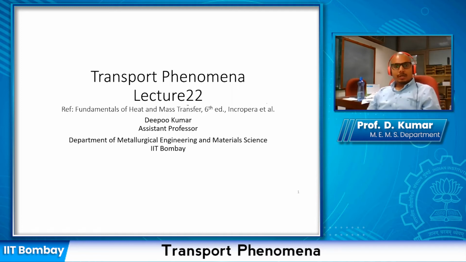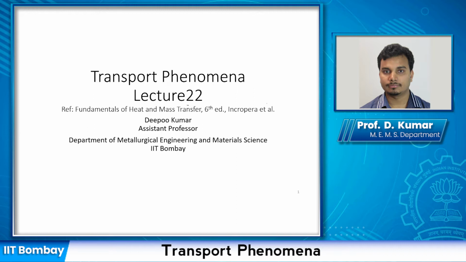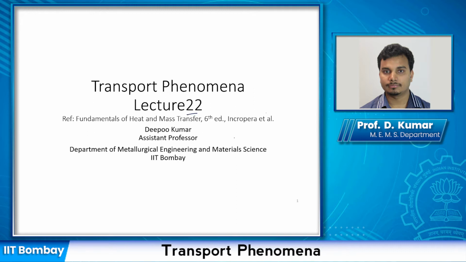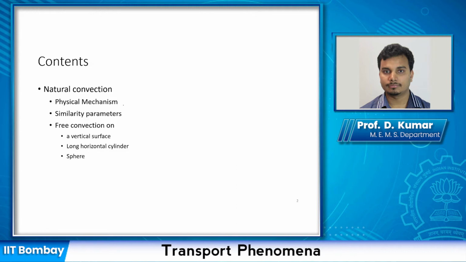Okay, so let me share this and we get started. So we are on lecture 22. Today we'll talk about natural convection. We'll discuss the physical mechanism behind natural convection, and then we'll talk about similarity parameters. As we have been discussing in general in transport phenomena, you will always have some new dimensionless number that comes into the picture, and that is actually linked to the physical mechanism of the process.